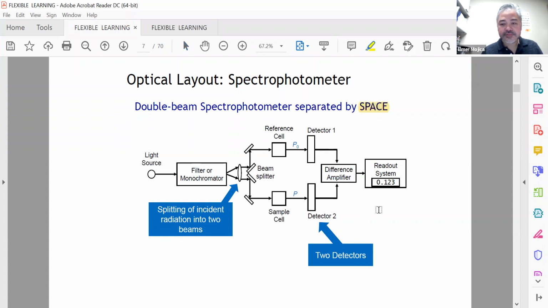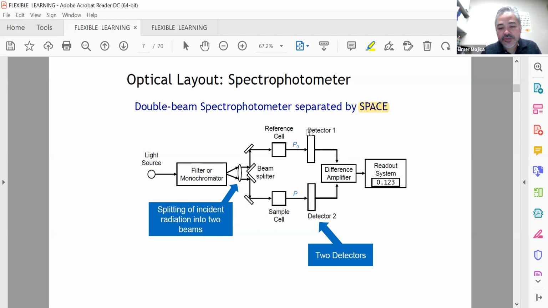So you have here the light source and the wavelength selector or the monochromator. The radiation passes through here, and there's a splitting of the radiation beam into two beams. One goes to the reference and one goes to the sample cell. Since they are separate paths of your light or radiation source, there is a difference in the radiation.